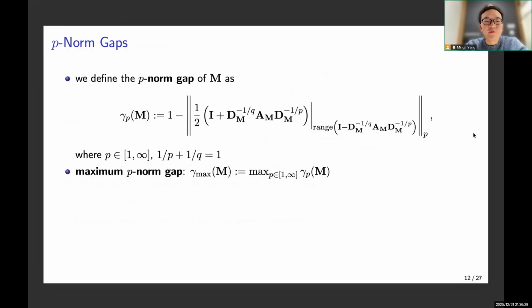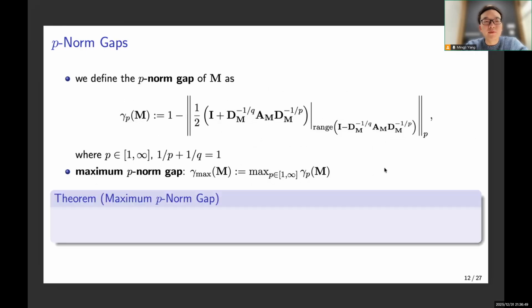And furthermore, we define the maximum p-norm gap of M as the maximum of this value taken over all possible p. This is because we are going to show that we are able to bound the truncation error as long as the p-norm gap is large for some p.